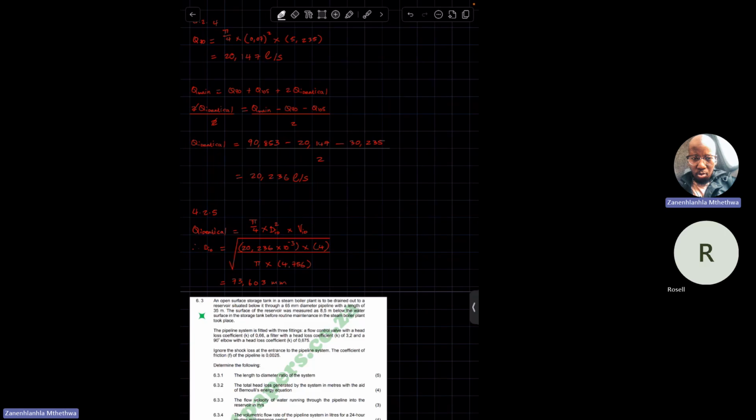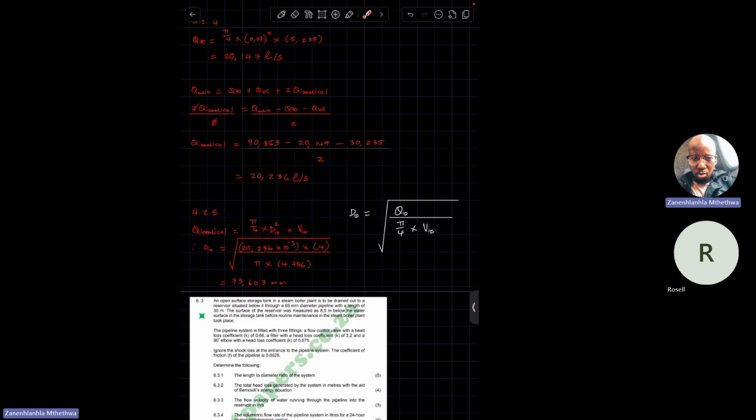In making the diameter the subject of the formula, this then becomes Q identical divided by pi over 4 times the V identical.